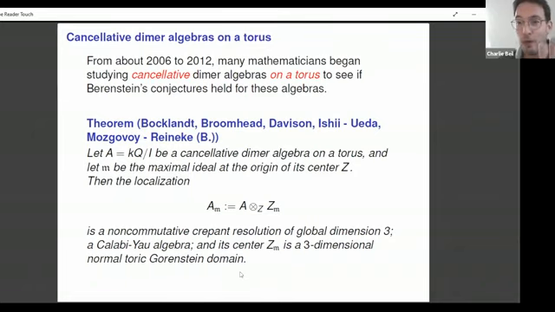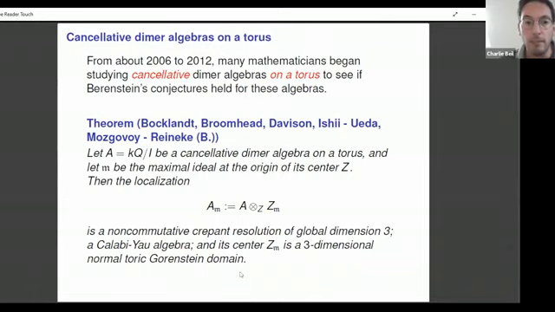Don't worry if you're not familiar with the words I'm going to use. I'll talk about non-commutative Crepant resolutions tomorrow and give definitions for these, but basically what the theorem is saying is that these algebras, if they're cancellative and on a torus, have very nice algebraic and homological properties.